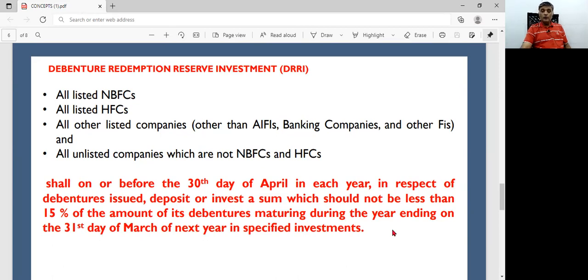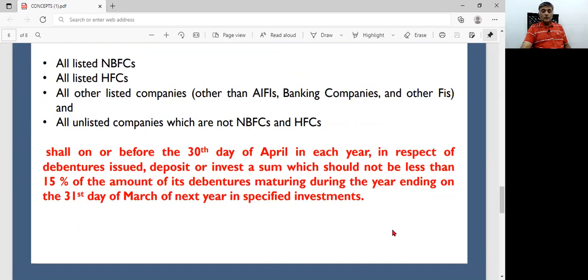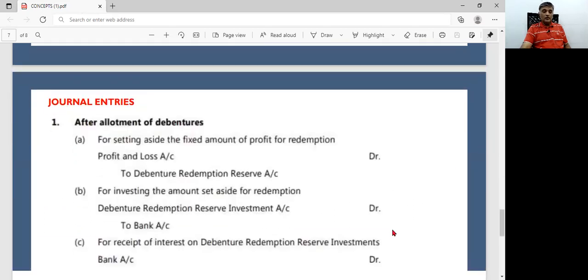So I repeat, you're going to redeem a debenture worth 1 lakh in February 2021, which means on or before 30th of April 2020, you need to create a DRI to the extent of 15% of that 1 lakh, which is 15,000. So that is very important. Now, once you've done that, so you're creating a DRR and then you're creating a DRI. Now, let's look at the accounting entries.